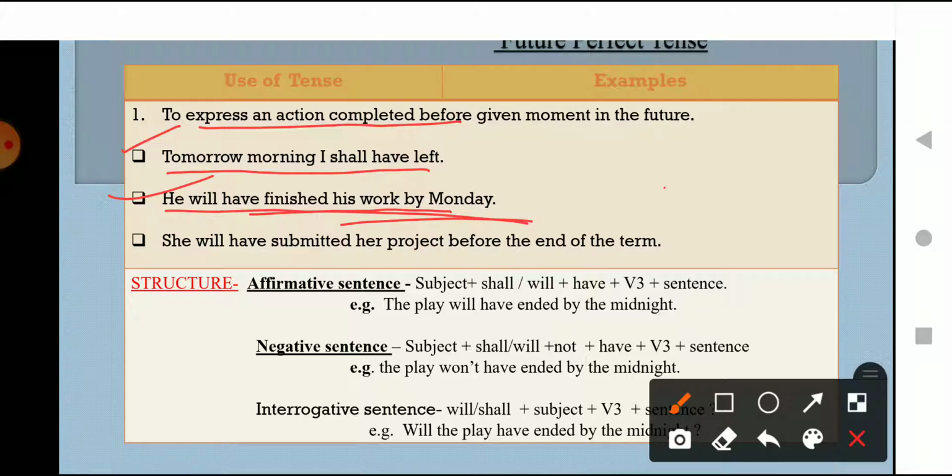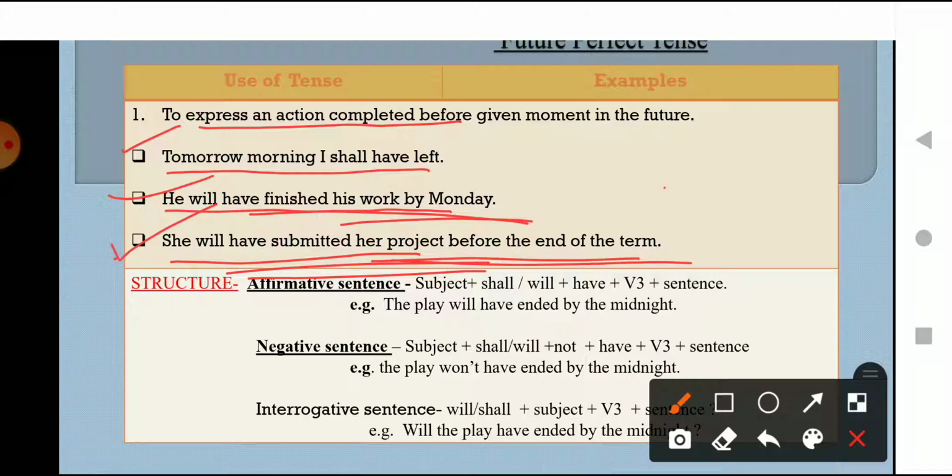Now the third one is she will have submitted her project before the end of the term. What it means is that she is going to submit the project work before the given time. So the sentence is she will have submitted her project before the end of the semester.